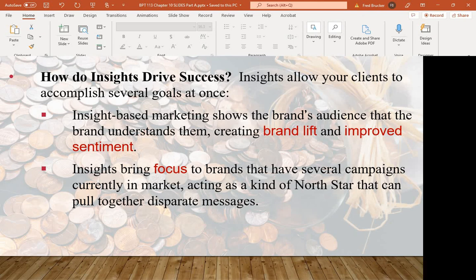And insights bring focus to brands that have several campaigns currently in market, acting as a kind of North Star that can pull together disparate messages. So if you've got things that previously were all over the place and you're able to hone that in onto one main idea, that creates a benefit for a company as well. It gives them something to focus on, something to reach as a hard and fast goal, and that creates a benefit for everybody involved.